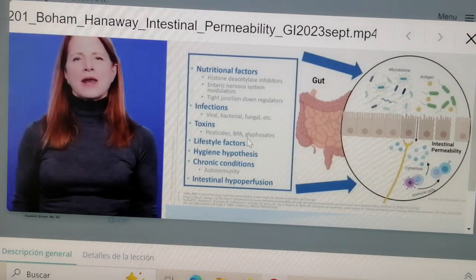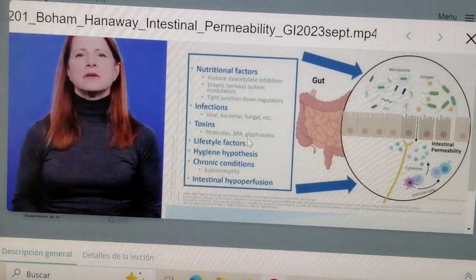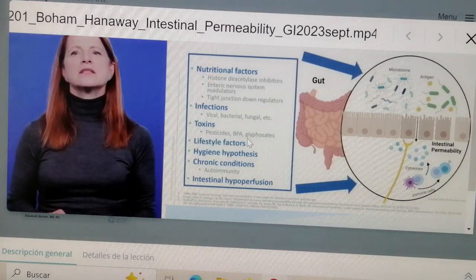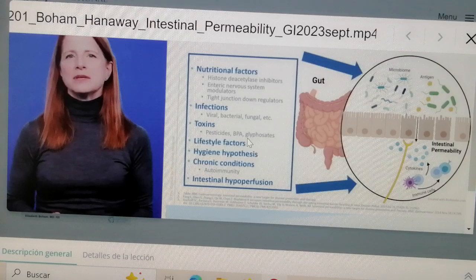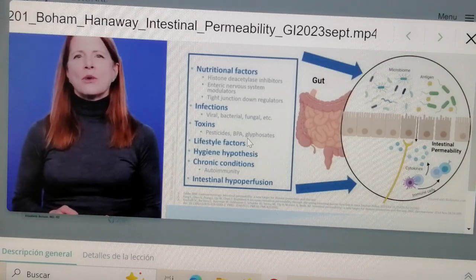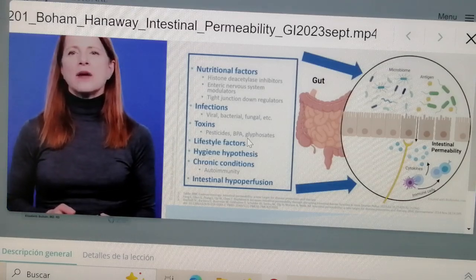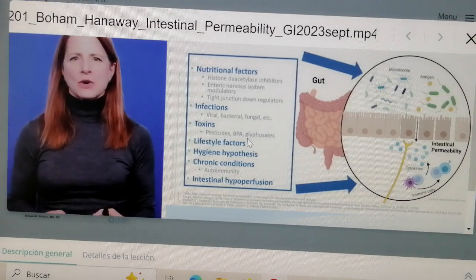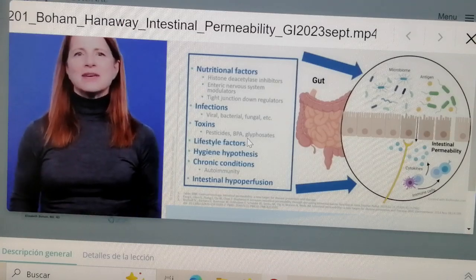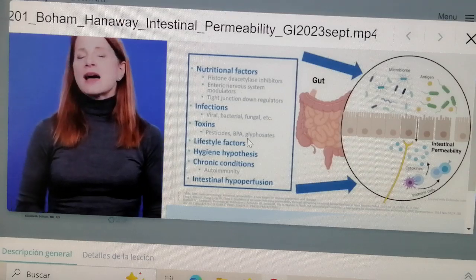Now, I want to just point out one thing. The zonulin is a protein that creates and modulates the tight junction between cells. And it's important to recognize it's not like it's always open or closed. Think of it more like a dimmer switch. Of course, we want certain things to be getting into the body. And so it's actually complex.